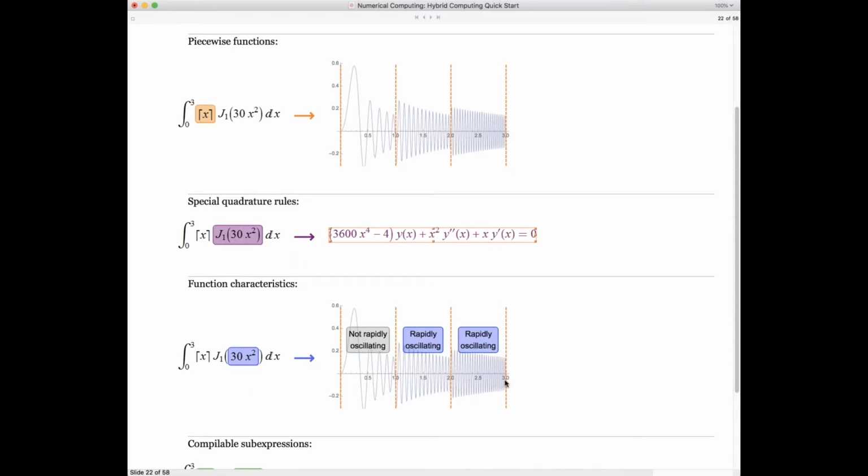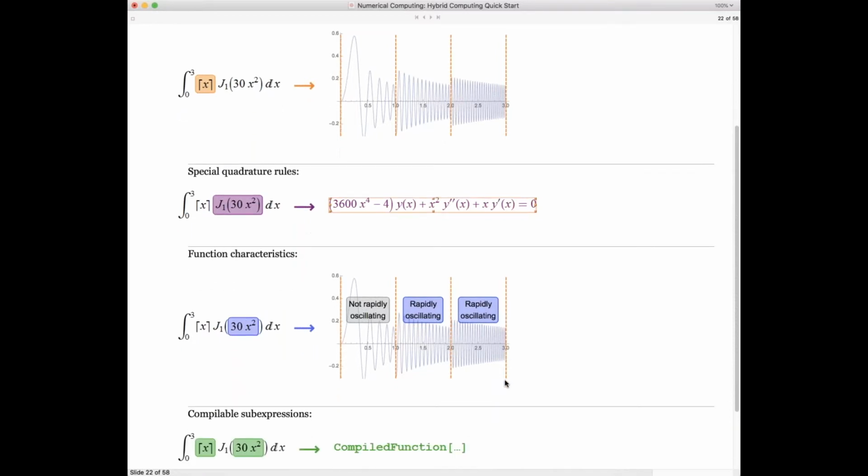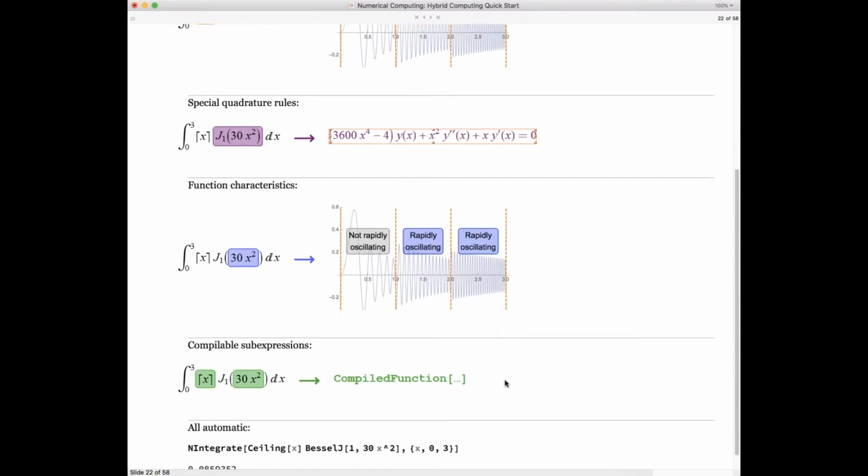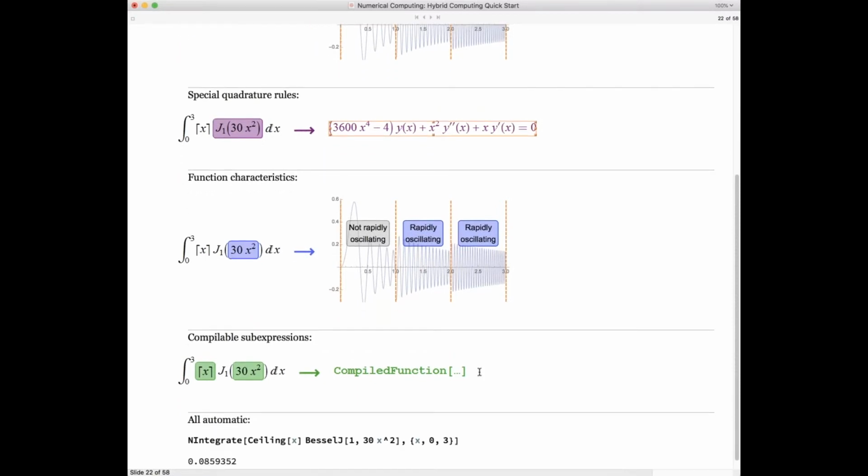And Mathematica compiles simple mathematical operations like these, ceiling of x and 30x squared, into optimized compiled functions for faster execution.